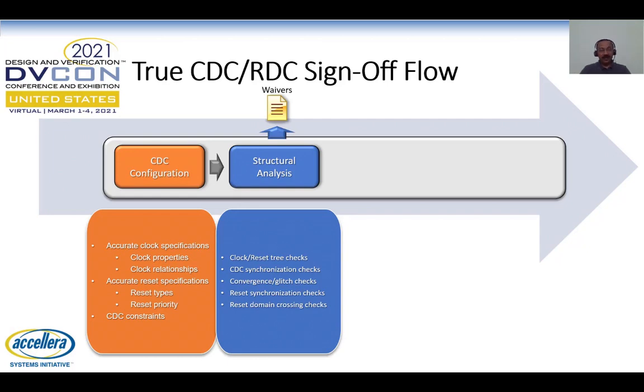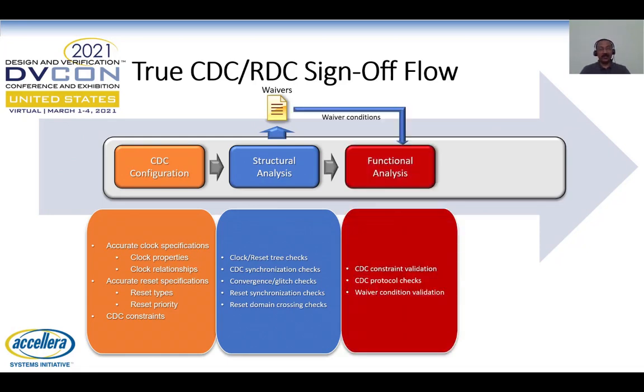And in the structural analysis step, there is a comprehensive set of CDC and reset checks which would be run, and on analysis, the user would also be generating a set of waivers. Now, till this point, it is a conventional CDC analysis or CDC methodology, and how we can augment this sign-off flow is to add functional analysis to it.